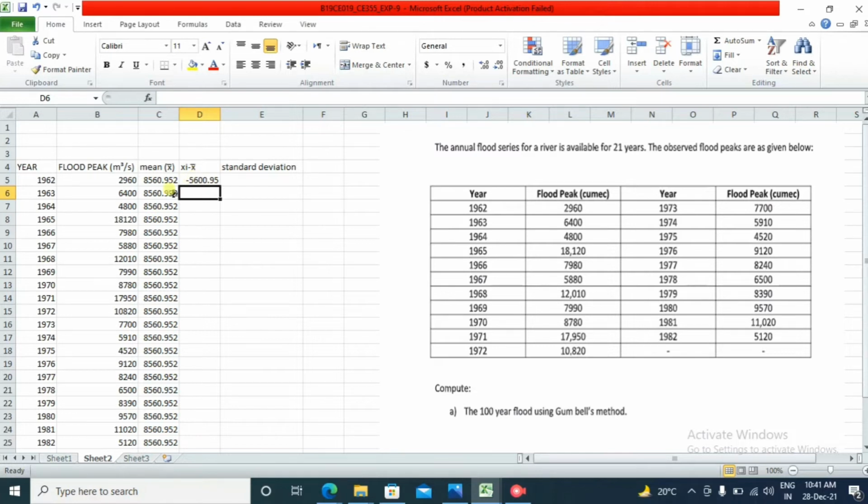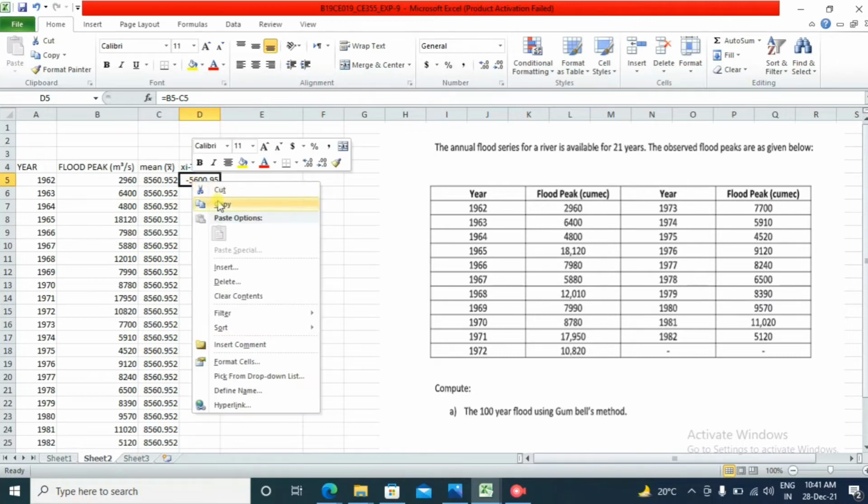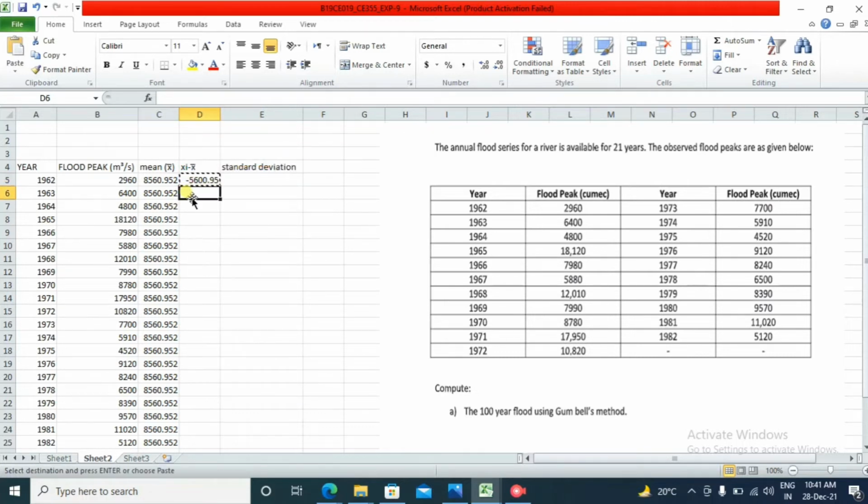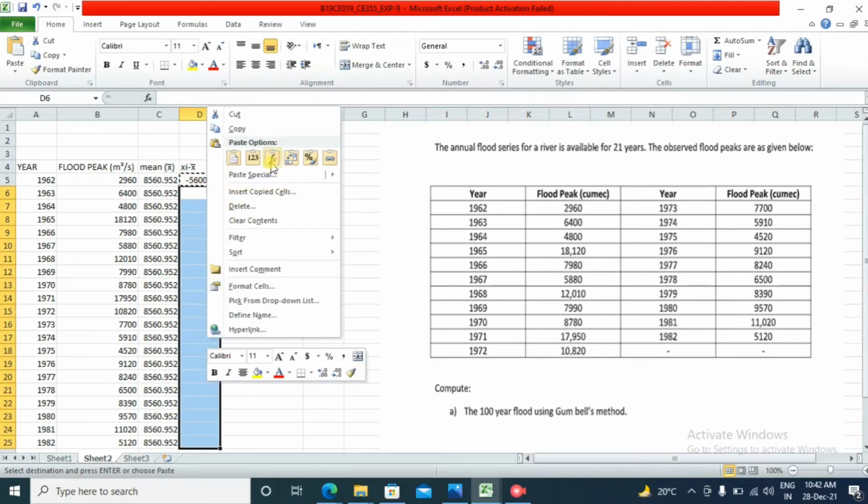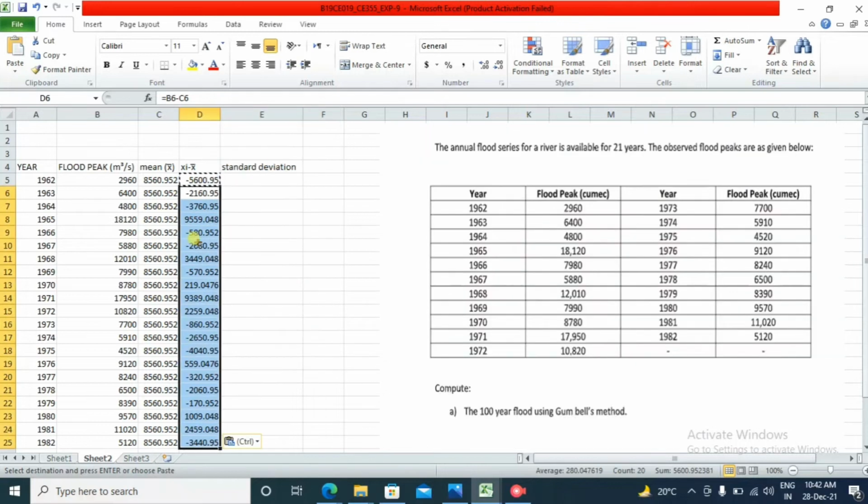In the same way we need to calculate xi minus x bar for each data, so we will not calculate again and again. We will do copy and paste. Xi and x bar will be different for each data. Okay, this is our xi minus x bar.